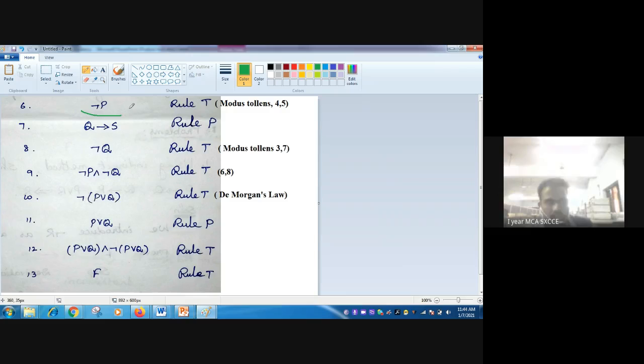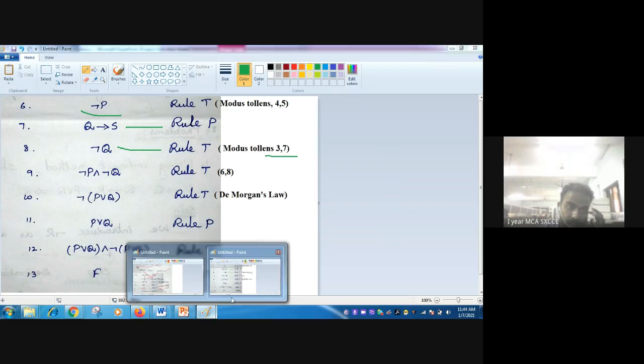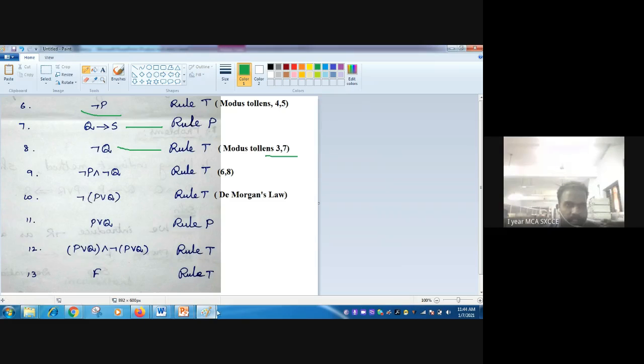So this one is negation P, which follows from steps 4 and 5. Then this is actually a given premise only. Then by combining steps 3 and 7, combine 3 and 7 and see, we are able to get negation Q. What is in step 3?